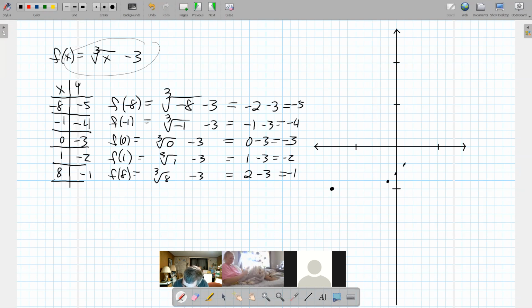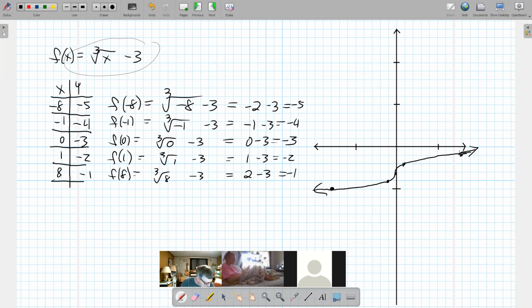And when x is 8, y is -1. So we get a picture that looks like this. Let's see if I can graph this thing. Well, I almost made it. All right, looks kind of like that. It's a cube root function.